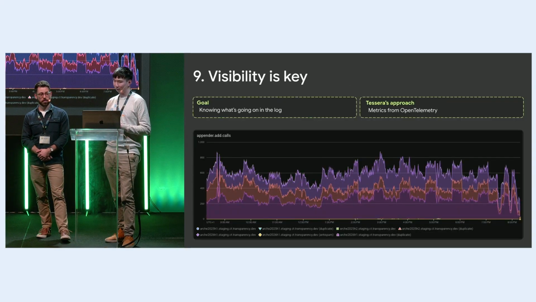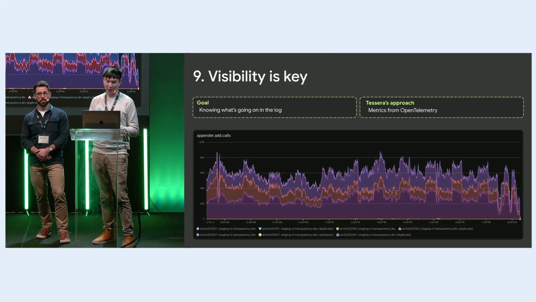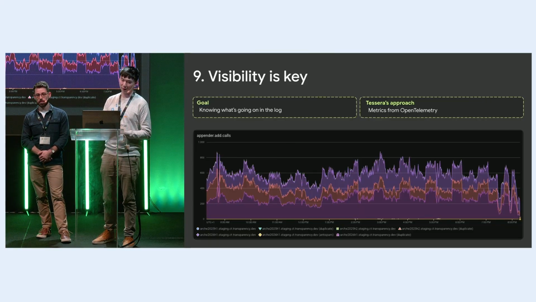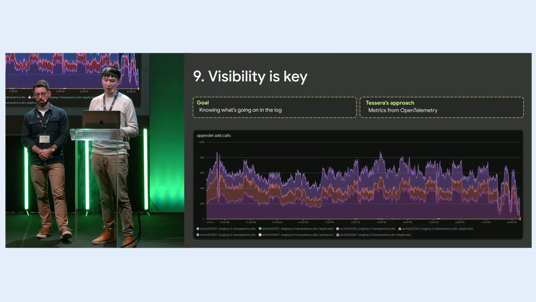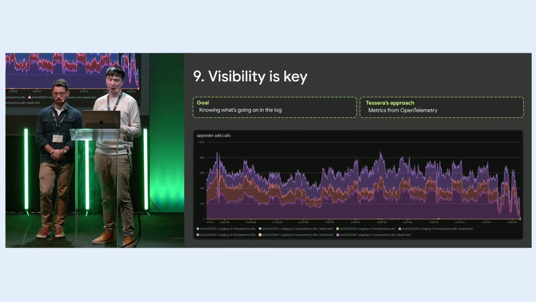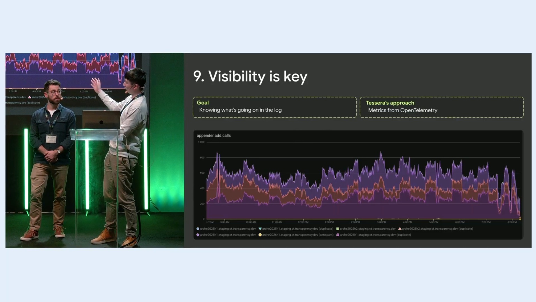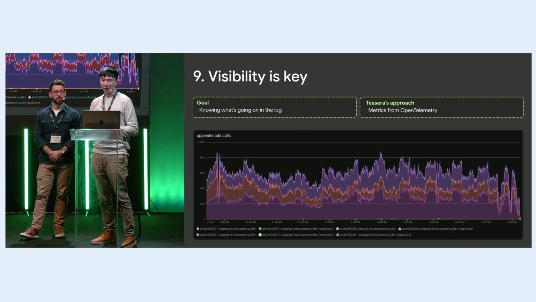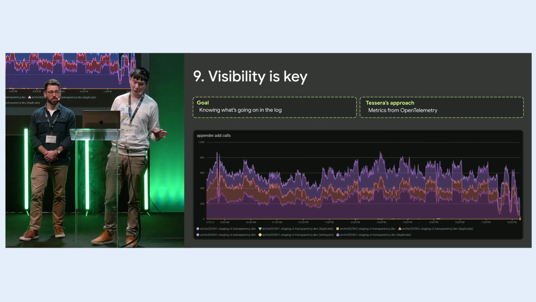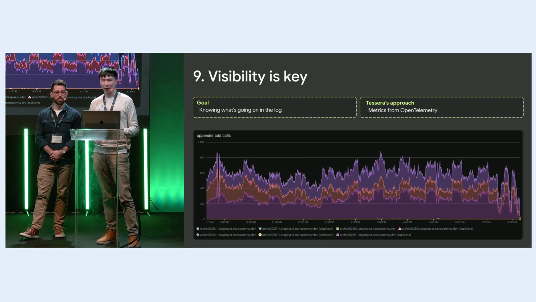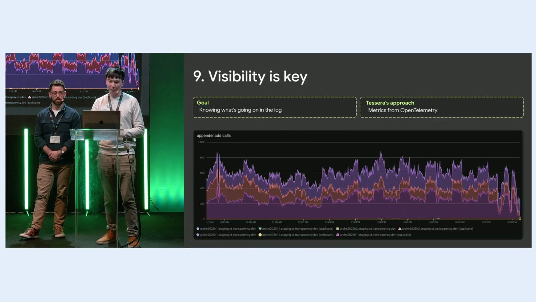Another common problem is that you will need the visibility to know what's going on in the log. With Tessera, you get the metrics from OpenTelemetry, so you can plug this into different dashboards. And you can plug this into any monitoring platform like GCP, AWS, and so on, all of them will work natively.